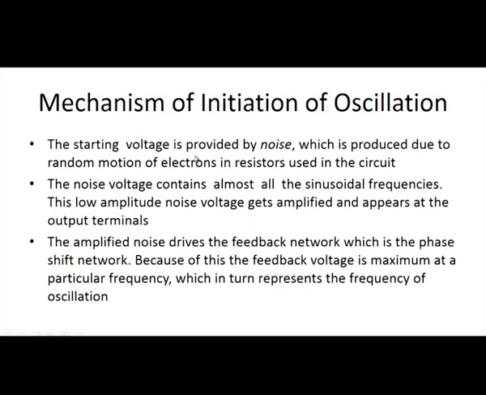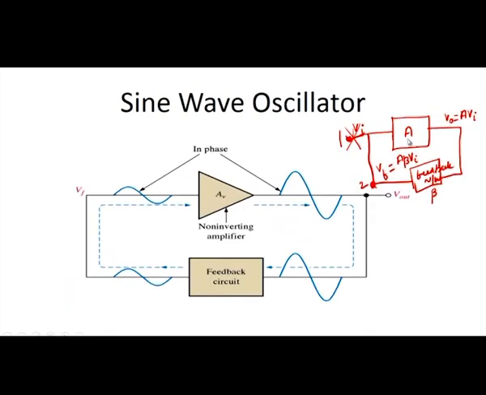The starting voltage is provided by noise, which is produced due to the random motion of electrons in the resistors used in the circuit. This noise voltage is the Vi we initially considered. It is actually not given from an external source. This Vi is actually the noise voltage, which is amplified by the amplifier and given to the feedback network.